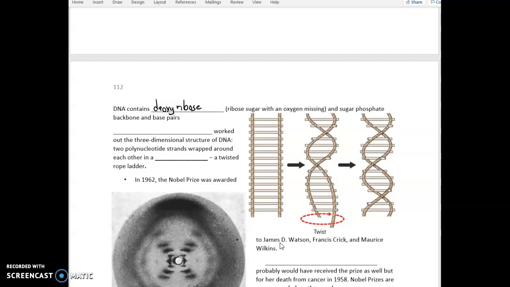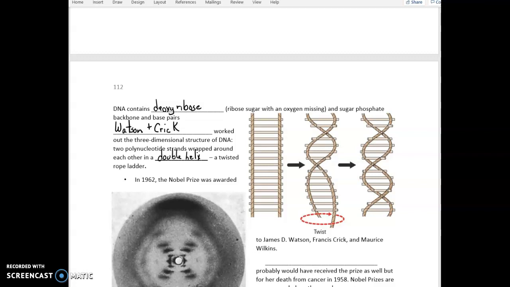So Watson and Crick are the people who worked out the three-dimensional structure of DNA. And the structure is 2 polynucleotide strands wrapped around each other in a double helix. And a double helix could be described as a twisted rope ladder.